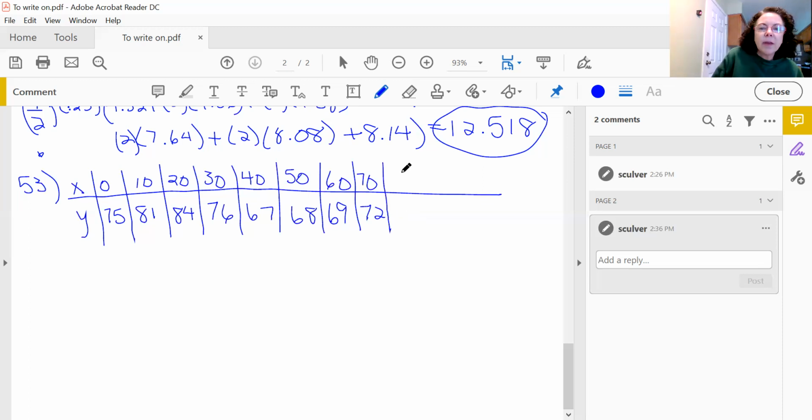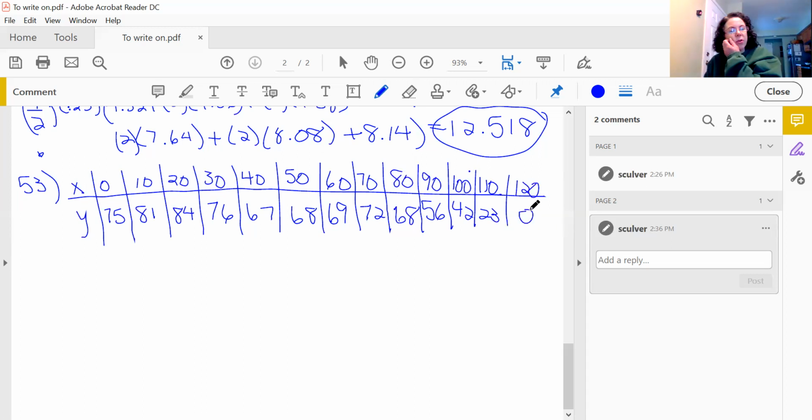They want to use the trapezoidal rule, like these trapezoids every 10 meters, to estimate how many square meters of land they have. Hopefully I can almost fit this in. And then 110 and 123 and 23. And then they get to the end, 120 meters, and that's where they're at 0 again.